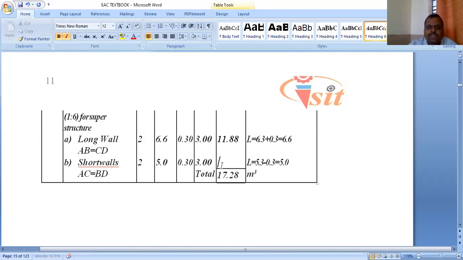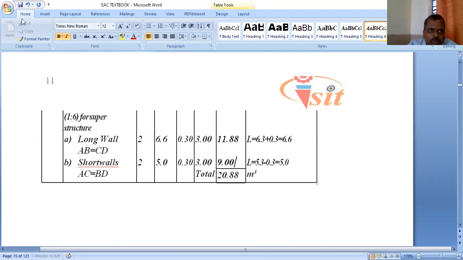Whereas for the short wall, it will be 2 into 5 into 0.3 into 3, which is 9 cubic meter. So the total brickwork is 11.88 plus 9, equal to 20.88 cubic meter.